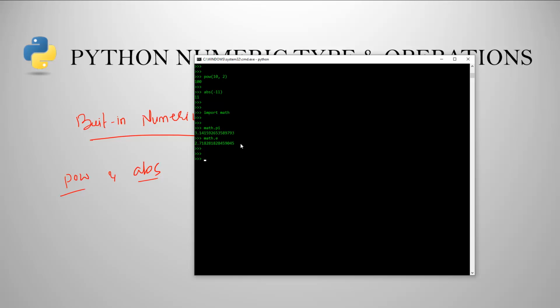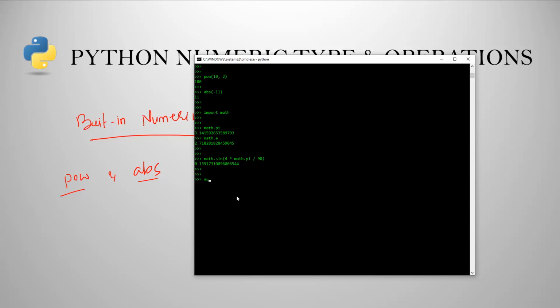If you want to calculate sine, tan, theta, so math dot sine, and let's calculate math dot pi divided by 80. So this will return the value. This is also available for cosine and tangent.